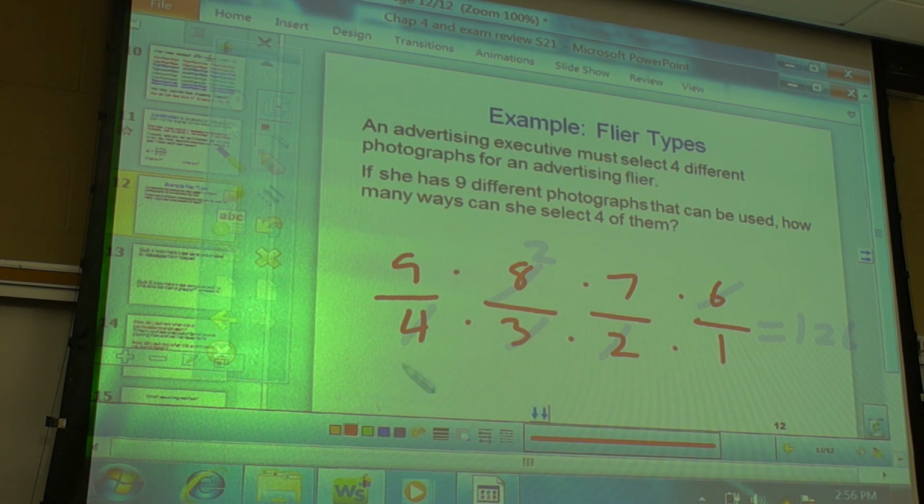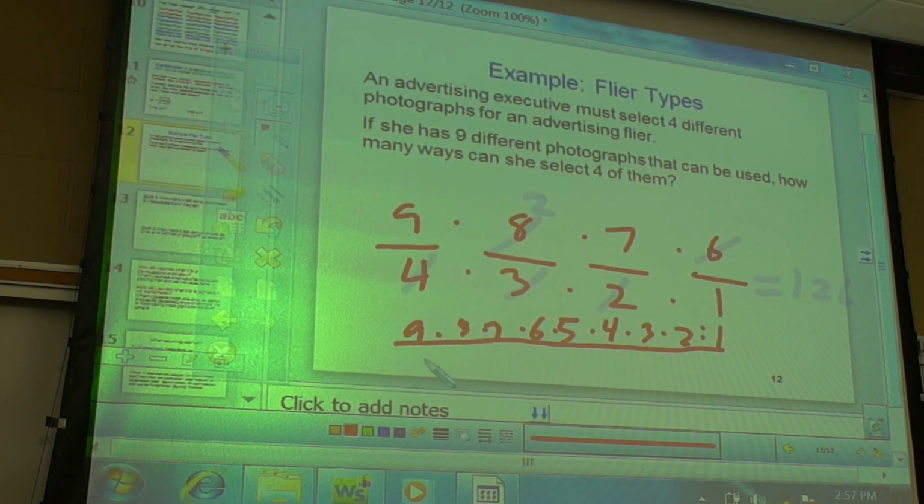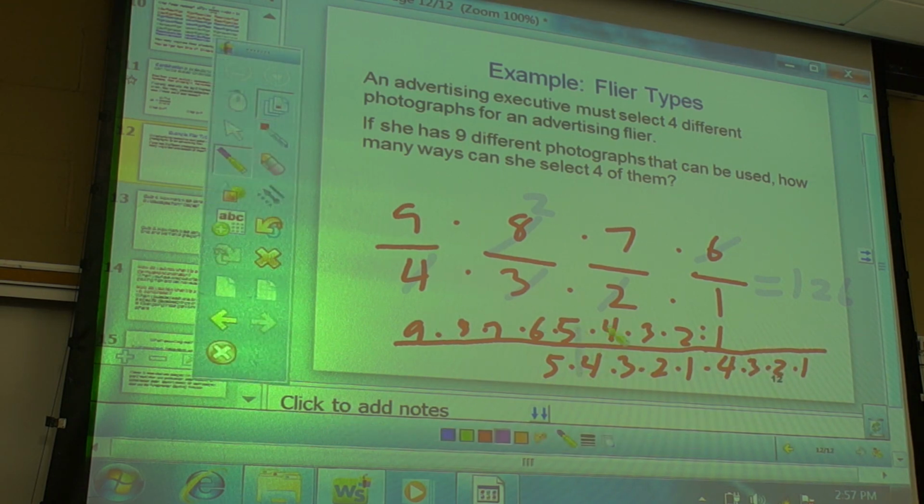That would be 9 times 8 times 7 times 6 times 5 times 4 times 3 times 2 times 1, divided by R, so it'd be divided by 5 times 4 times 3 times 2 times 1 times 4 times 3 times 2 times 1. So that's what that says. And once you cancel these out, then you get the same thing that I got up here.